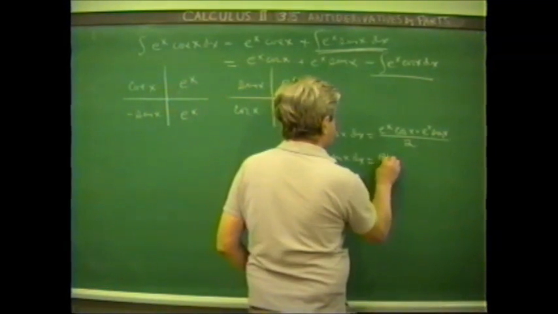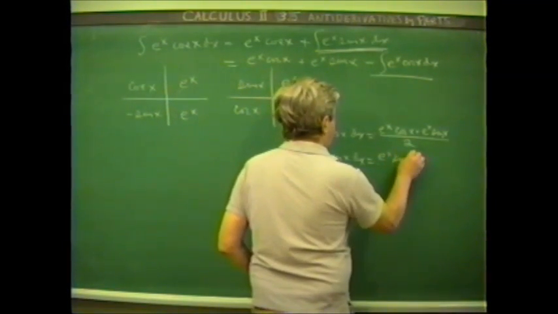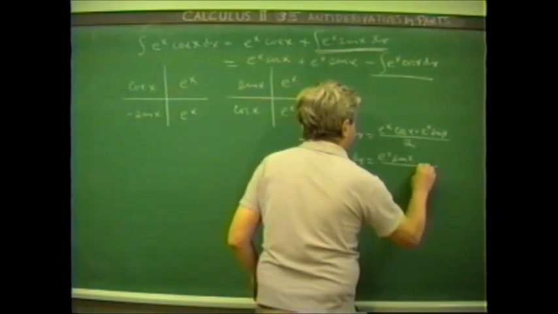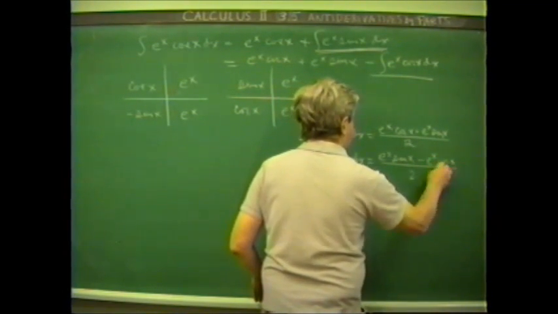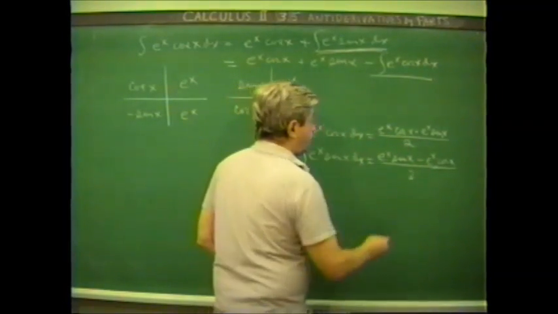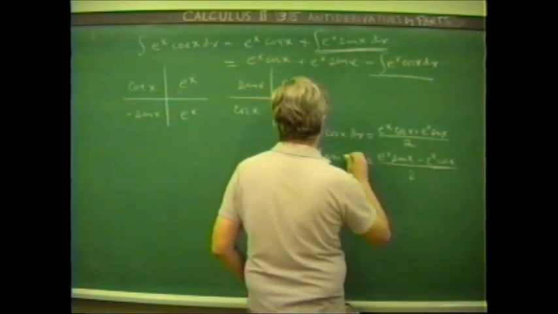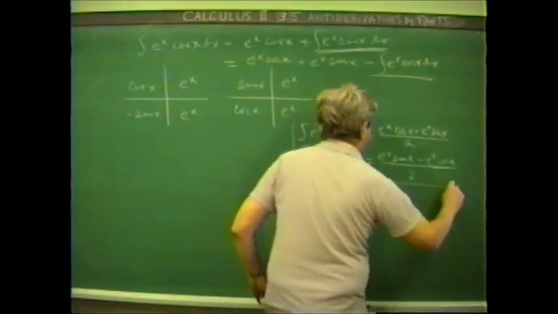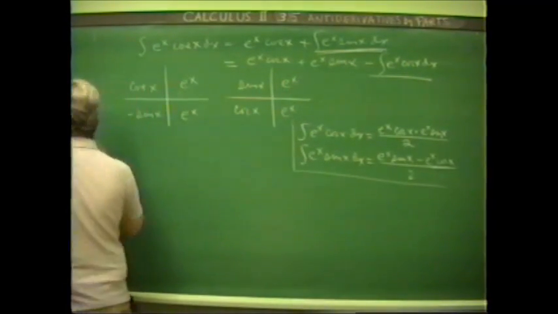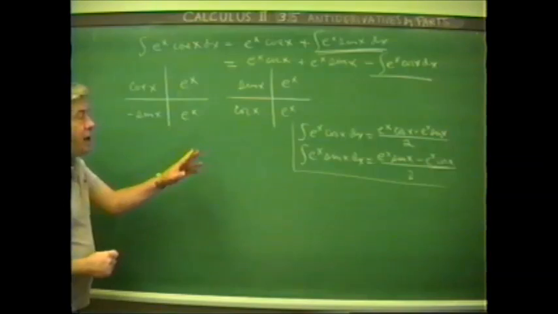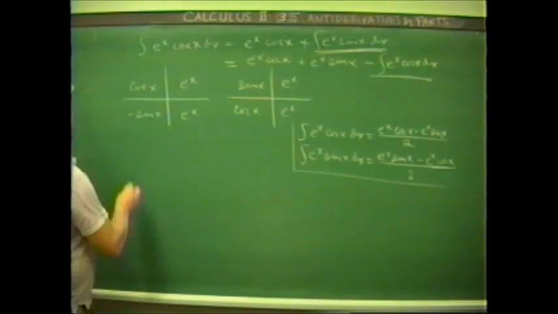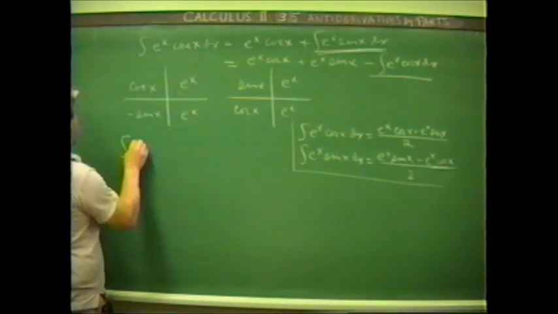So it's going to be e to the x sine x over 2 minus e to the x cosine x over 2, since I subtract an e to the x cosine x off of here. All right, so we have these 2 here. If we didn't have them at this point, we would need them shortly because we want to try something a little bit more complicated still.